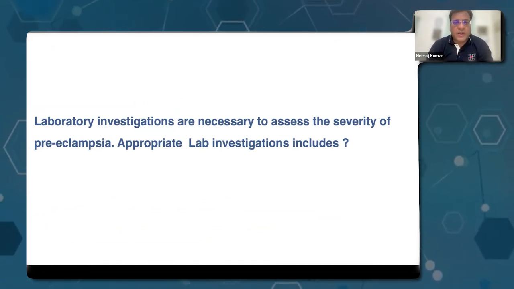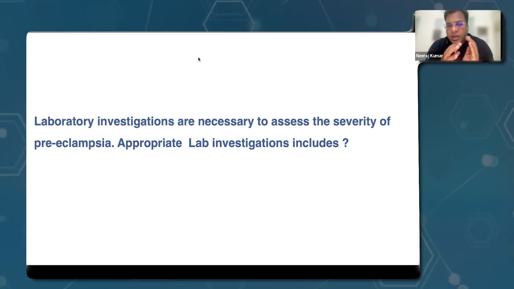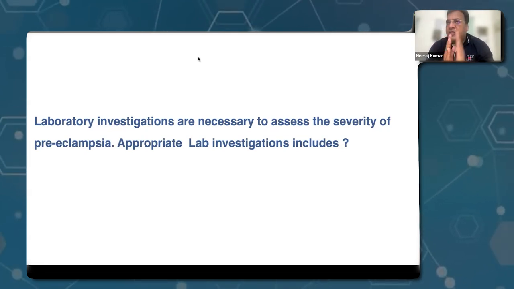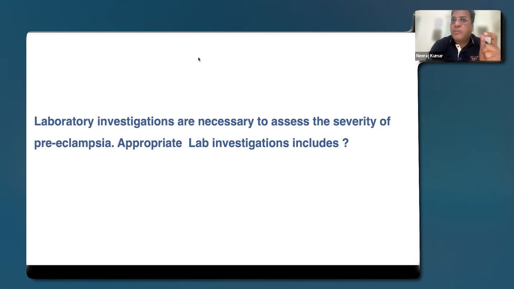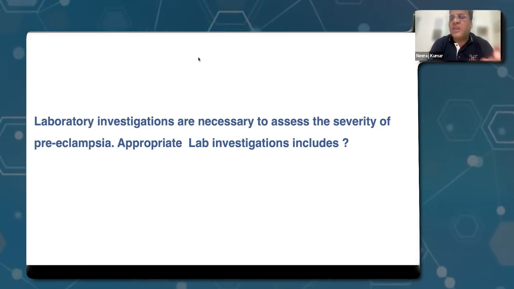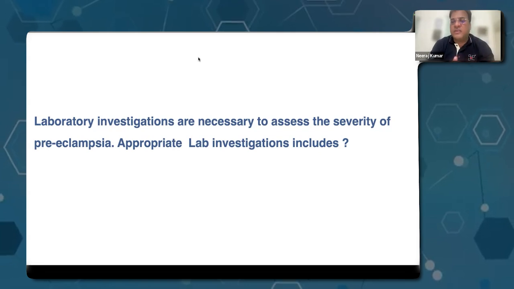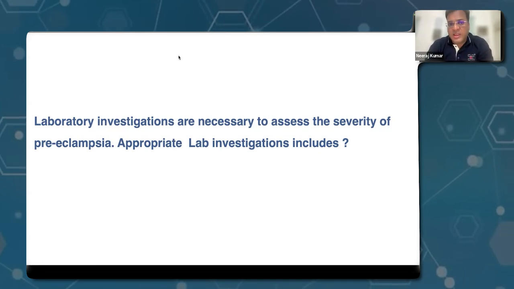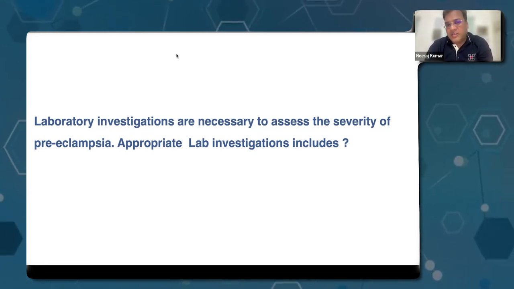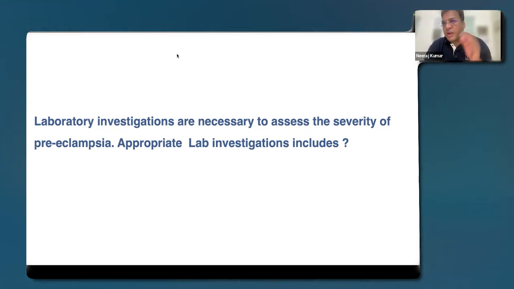Many times eclampsia is mostly associated with seizures, but few patients in severe preeclampsia may also have a seizure. Although the percentage is very low, it can be there. There are cases where seizures occur in severe preeclampsia, but not in mild or moderate.